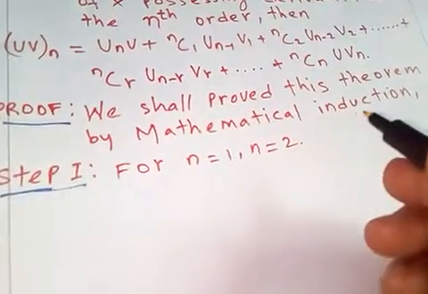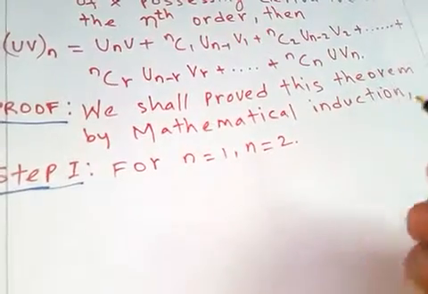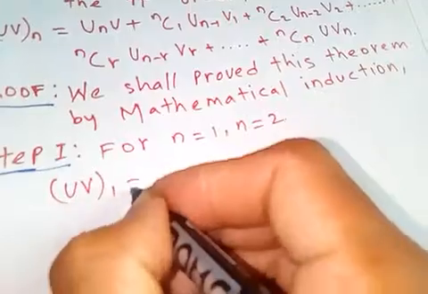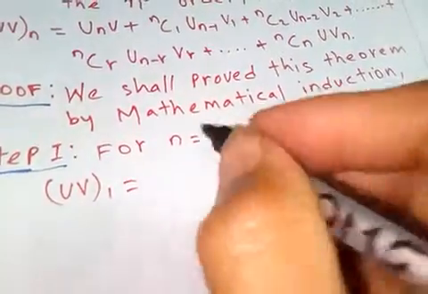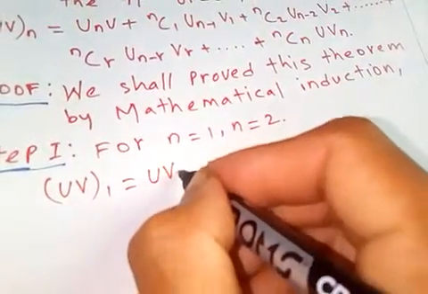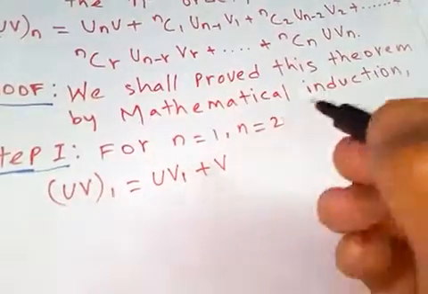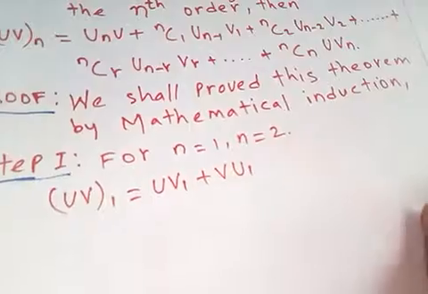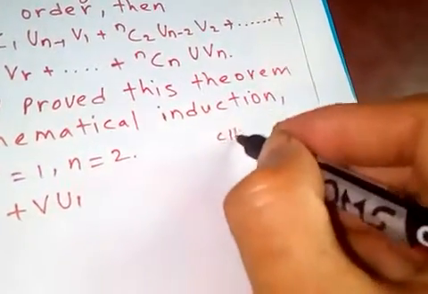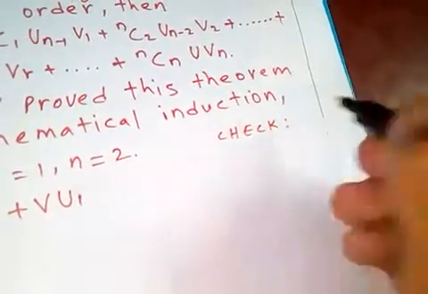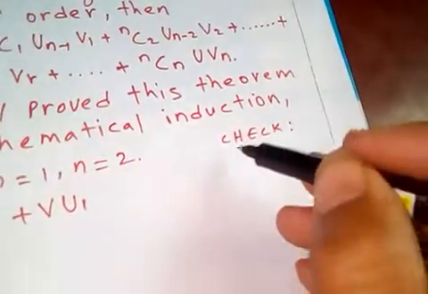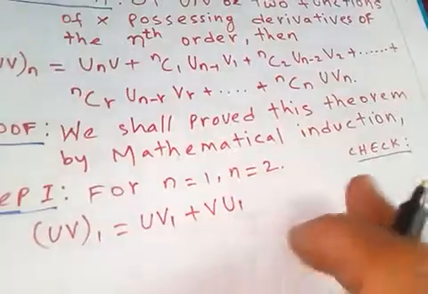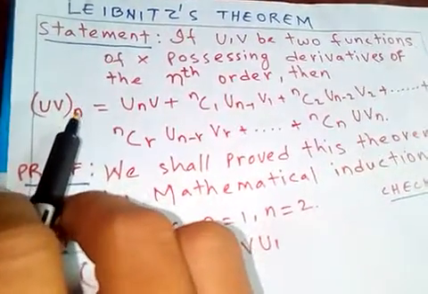Is it true? (uv)_1 means the derivative one time: the first function times the derivative of the second function plus the second function times the derivative of the first function. Let's check whether this is true or false by putting n equal to 1.